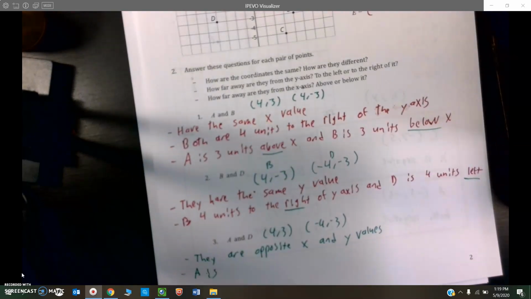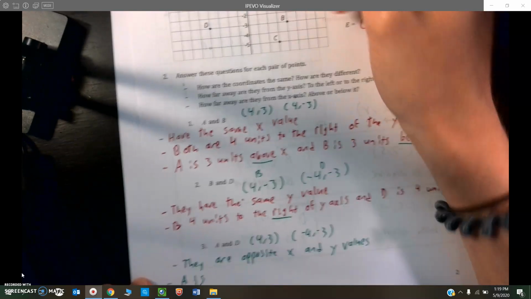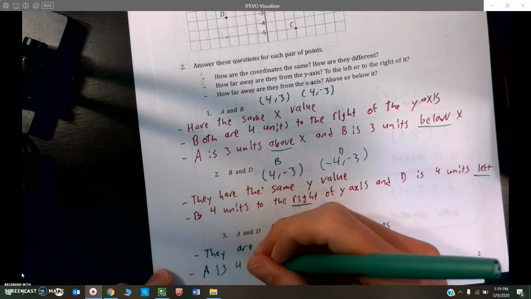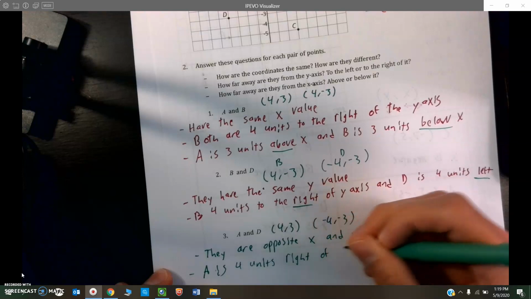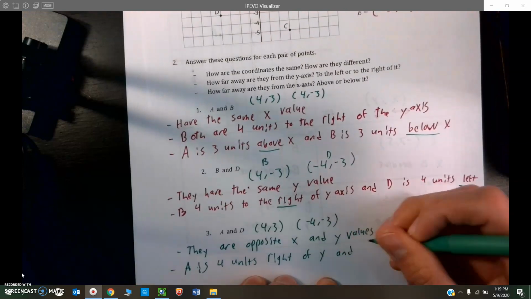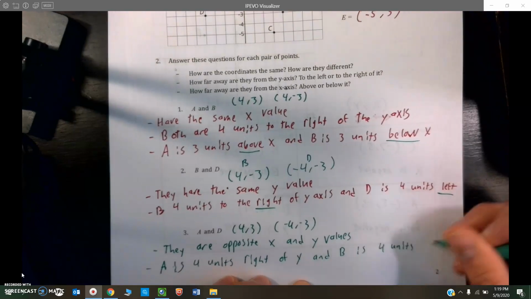A is 4 units to the right of y, and D is 4 units left.